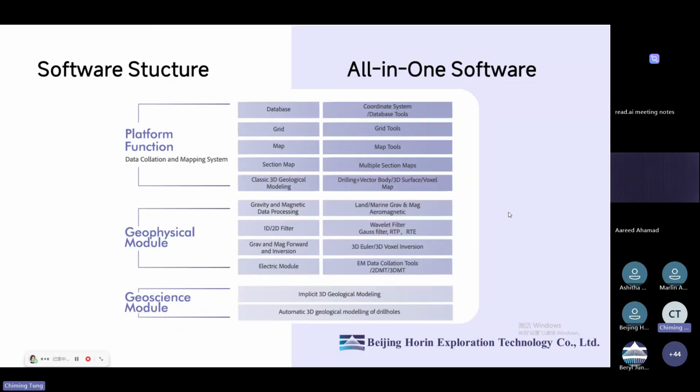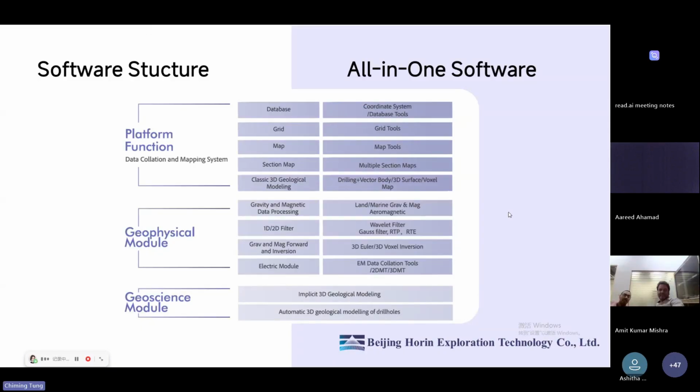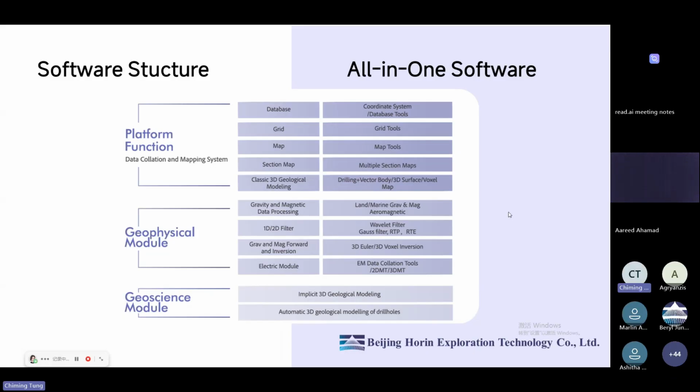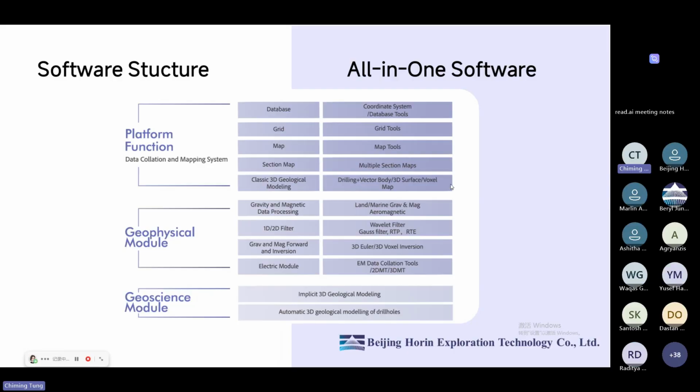Our software combines different models. First is the basic model. We call it platform. That includes grid and map, section map, and classic 3D geological modeling functions, and also coordinate tools, database tools, grid tools, map tools, and many other tools here. On the basis of the platform, we have advanced models.